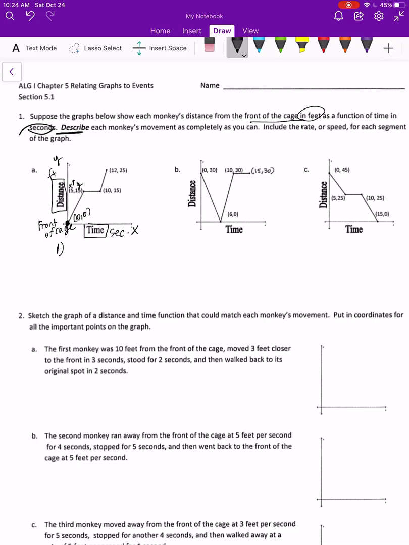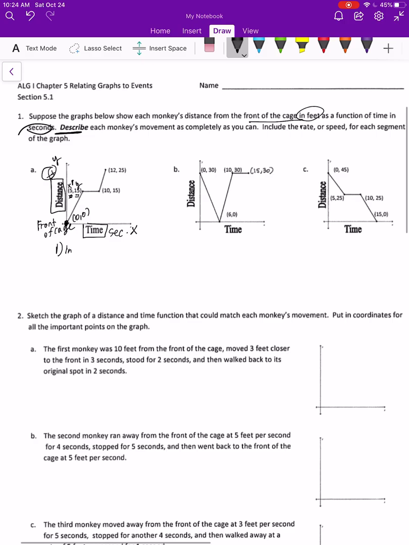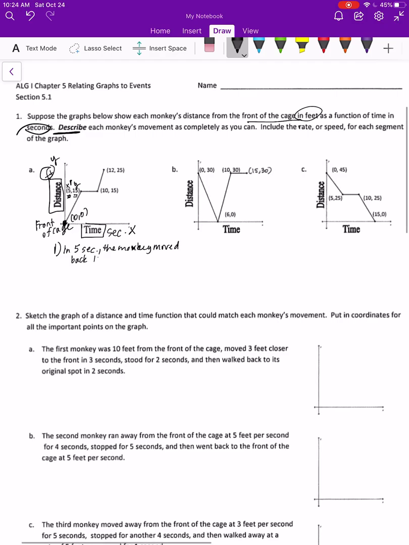And so in 5 seconds, because that's my X, the monkey moved from the front of the cage back in the cage 15 feet, because feet is our Y. So I would say something like, in 5 seconds, the monkey moved back 15 feet. So again, getting very specific using our coordinates that they give us, our ordered pairs, to describe the movement. So now here's the second one we're going to describe.